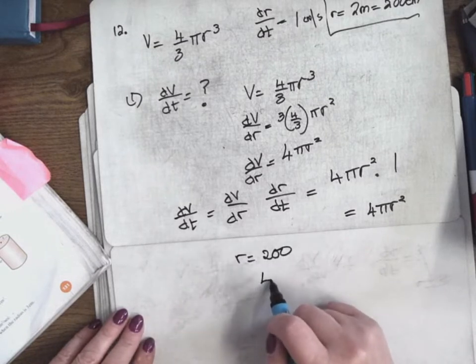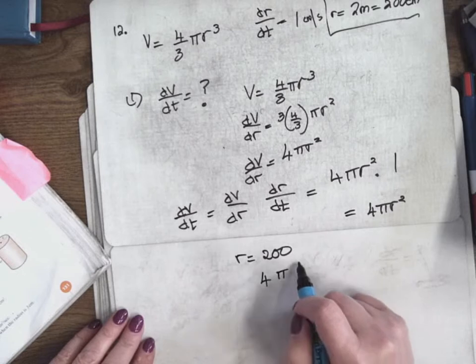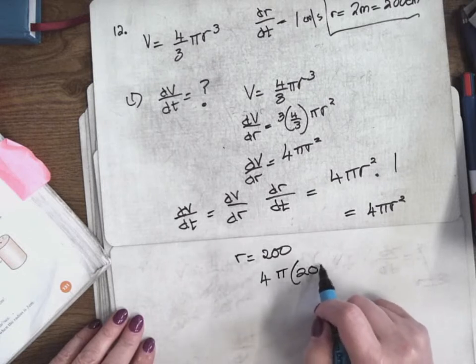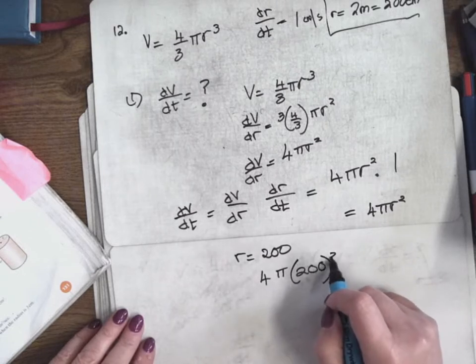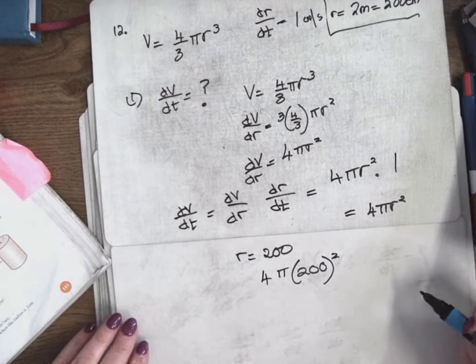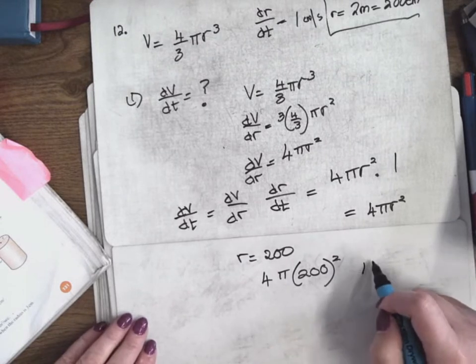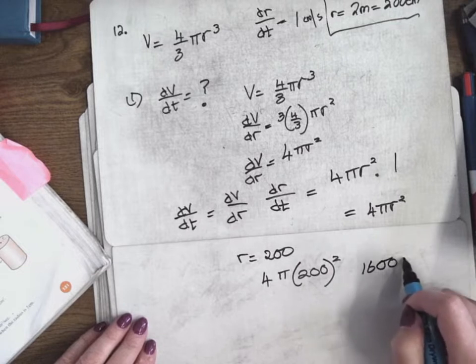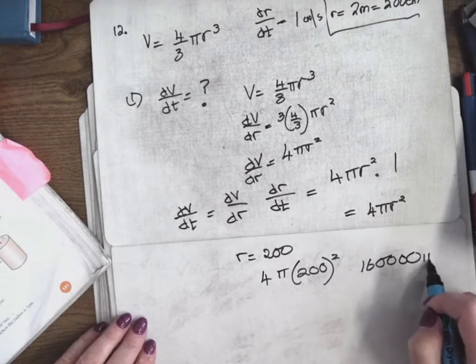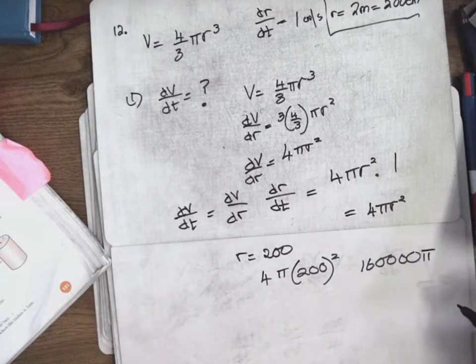That would be 4 pi times 200 squared, so that would be a lot: 4 noughts, and 4 fours is 16, so 160,000 pi. Are we okay with that? Right, part 1.